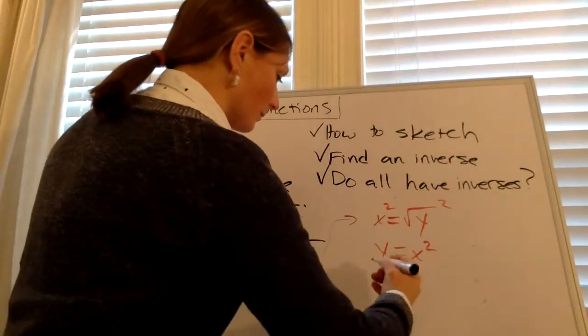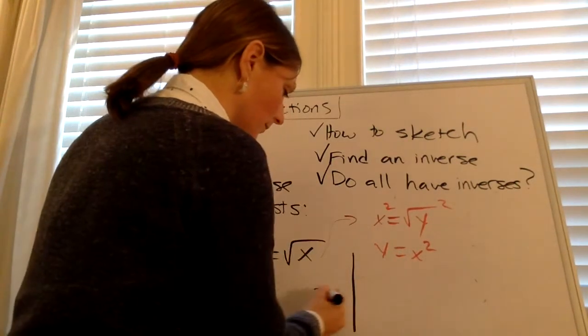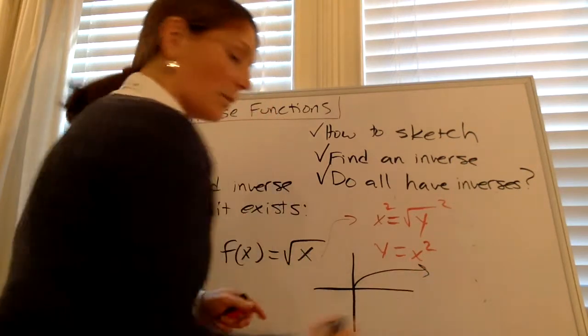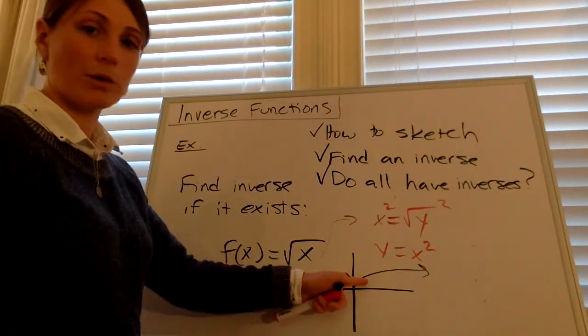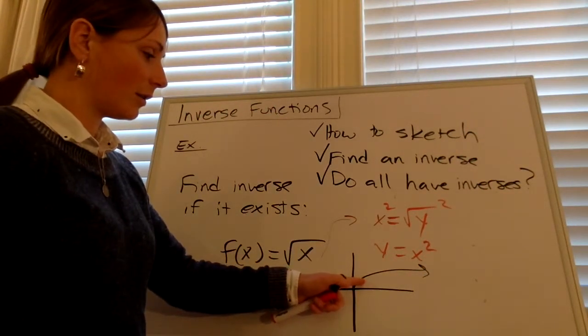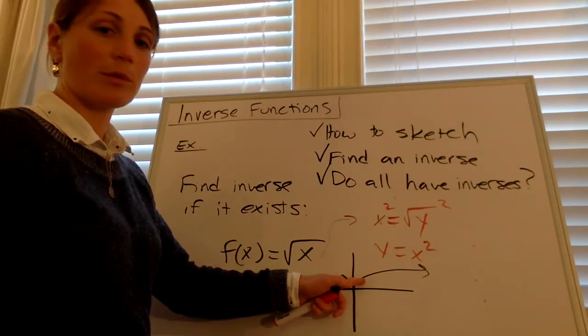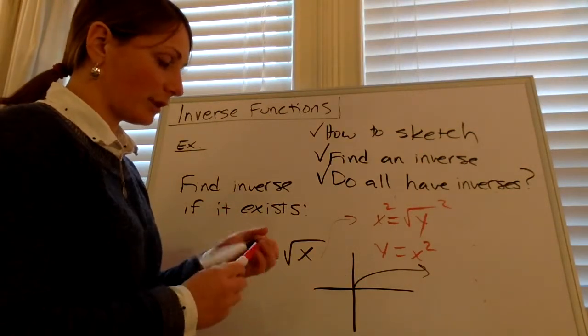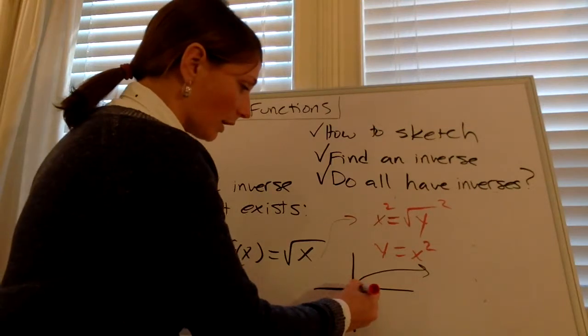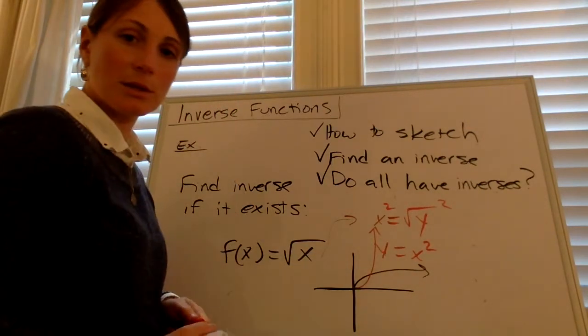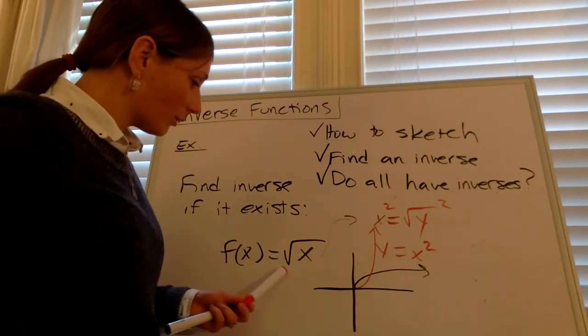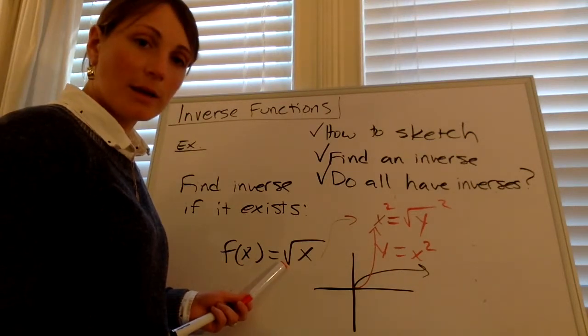Square root of x looks like this. There's square root x. And that does have a proper reflection. That has a reflection that looks like this. So root x actually does have an inverse.